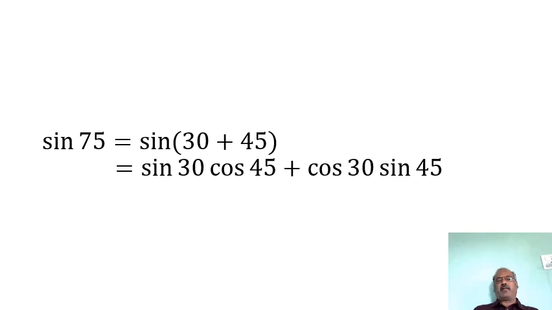Now sine 30 is half and cos 30 is root 3 by 2. Sine 45 is 1 over square root of 2. Cos 45 is also 1 over square root of 2. If we substitute those values, we get (1 plus square root 3) upon 2 root 2 as our answer to sine of 75.